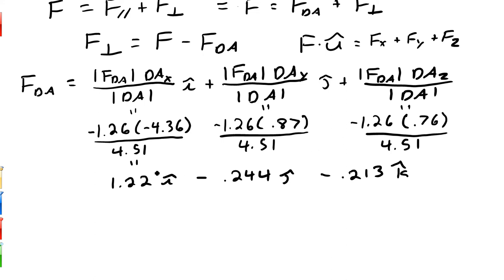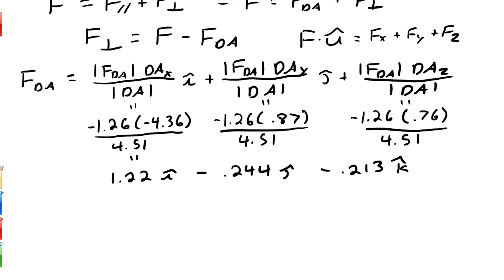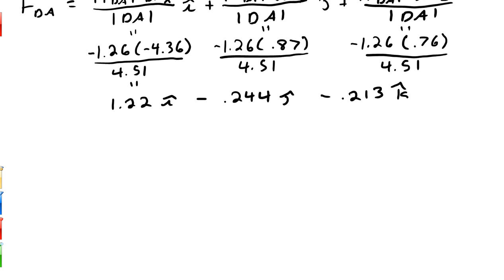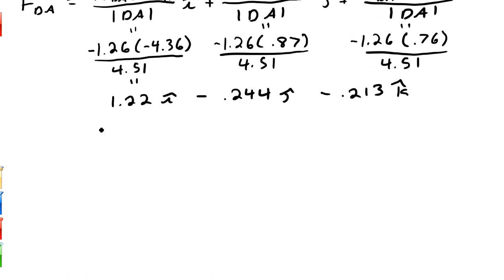So now that we have the components of F dA, we are ready to go ahead and solve for our force perpendicular to our member DA. I'll write it out symbolically again.